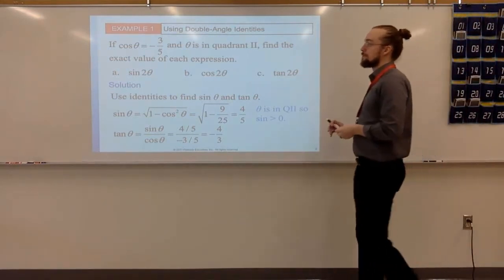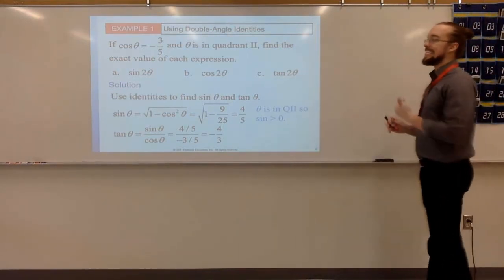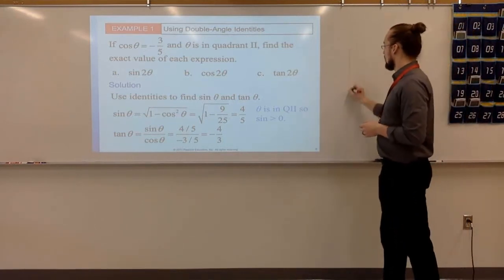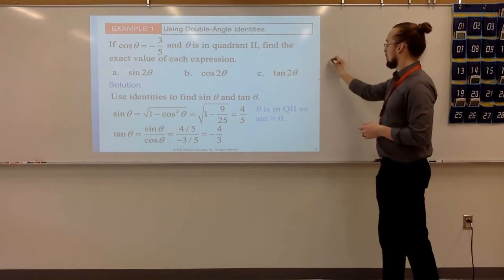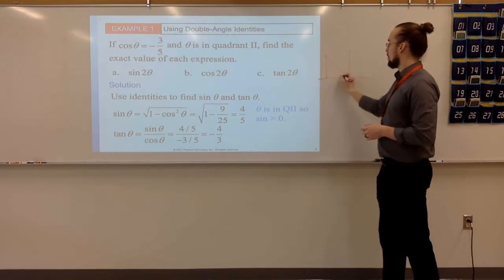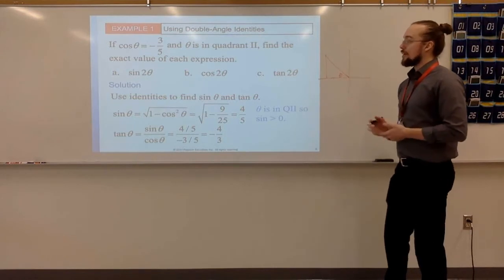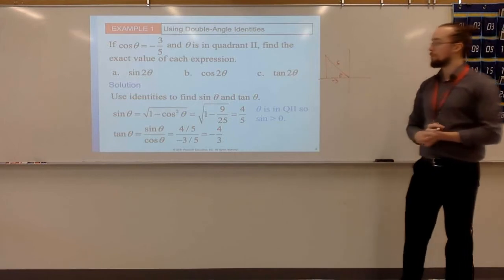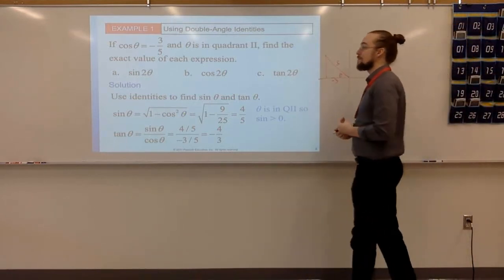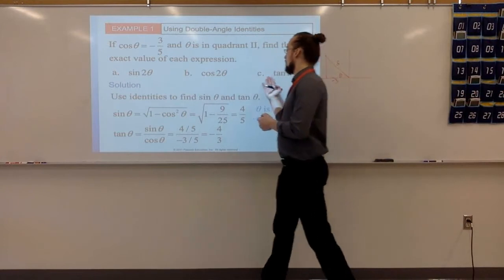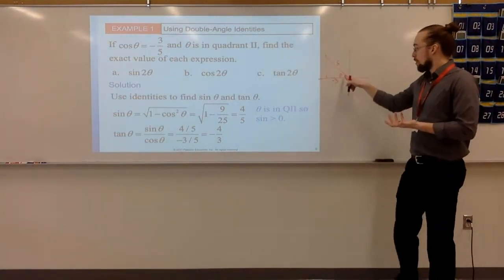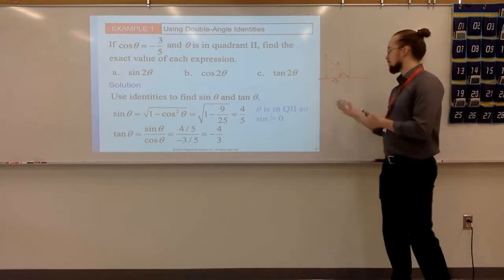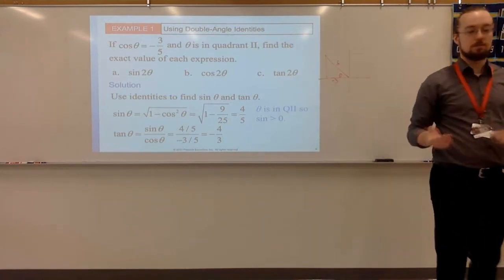So in this example, we've got cosine of theta is -3/5, and theta is in the second quadrant. So we can sketch out our picture, our angle here in the second quadrant. I know cosine, which is adjacent over hypotenuse, is -3/5. I want to find the exact value of each of these expressions. First, we would want to find this missing side, because for each of these formulas we're going to need sine and cosine.